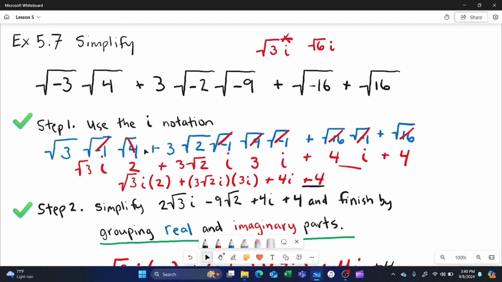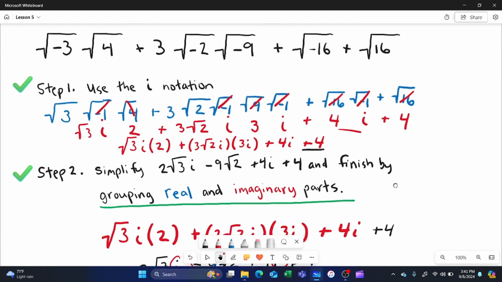So once you get rid of all of these and do your simplification, you'll end up with all of this, right? Square root of 3i times 2 plus 3 times the square root of 2i times 3i plus 4i plus 4.